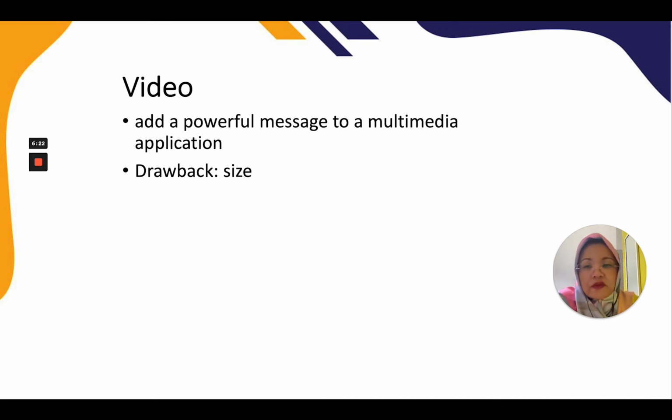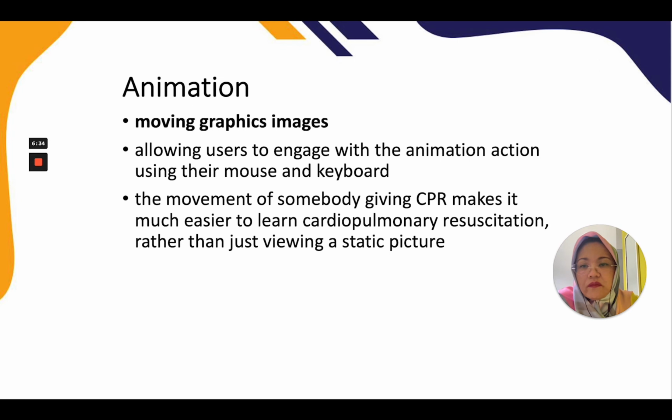So you need a powerful computer, for example, to save and record your video. We shall talk further on this in different topics. And we have animation as part of multimedia, which is moving graphic images. There are different types of animations. We are also going to talk about this in different topics.